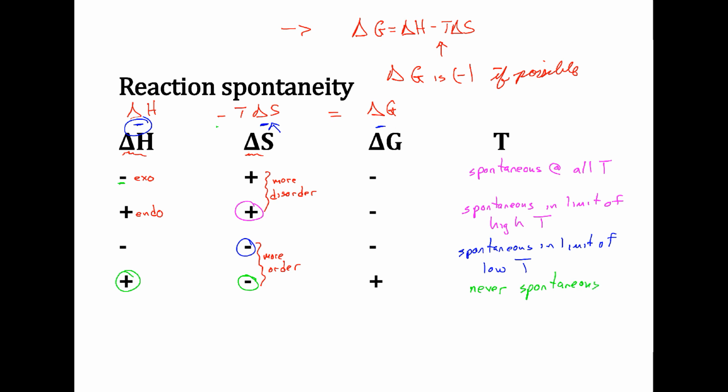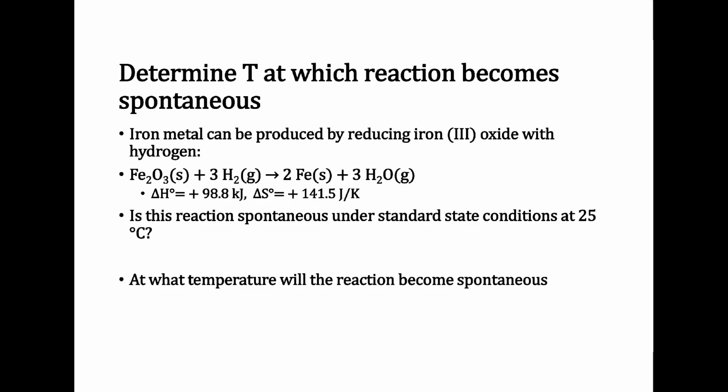All right, so let's look at an example here really quick where we're actually trying to figure out the temperature at which a reaction becomes spontaneous. So if we were to consider iron metal can be produced by reducing iron 3 oxide, which is a fancy way of saying rust, with hydrogen.